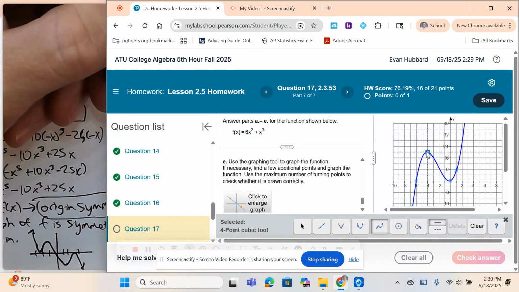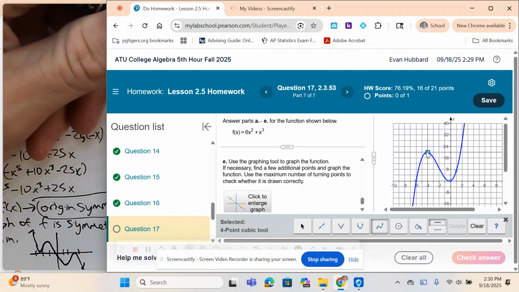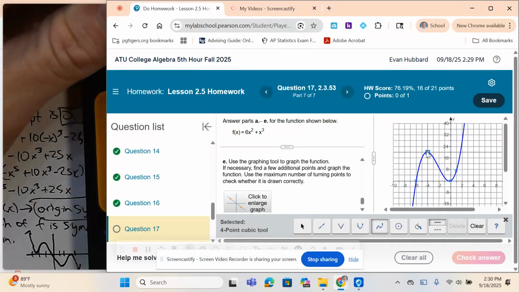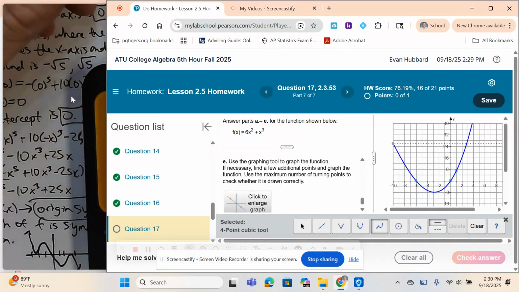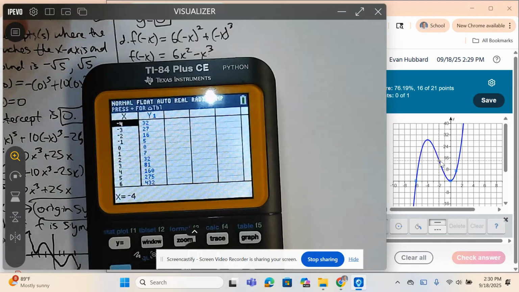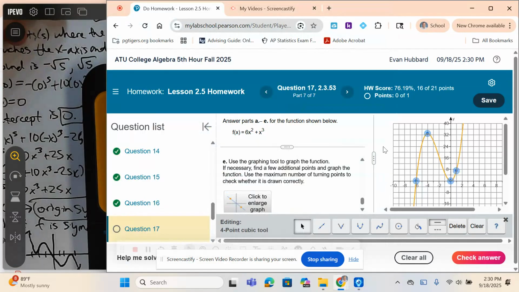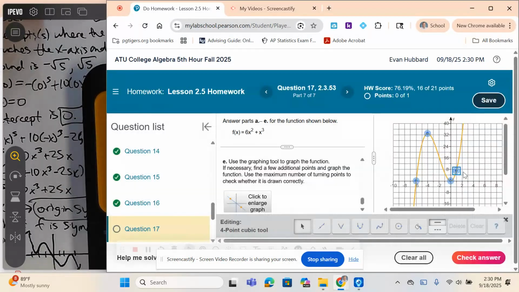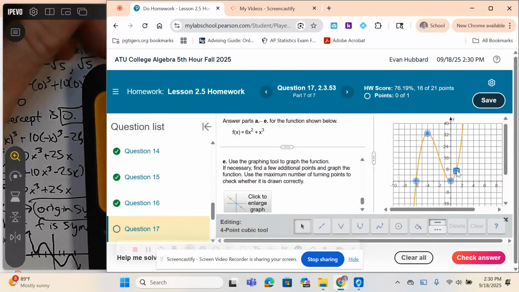So let's see what negative 4 does. Negative 4 is at 32. So I could look here. Negative 4 is at 32. So I'm going to do negative 4, 32. Okay. And so hopefully that gives me what I need. Oops, they didn't like that. So let's fix this. I don't think they like the 1, 7.